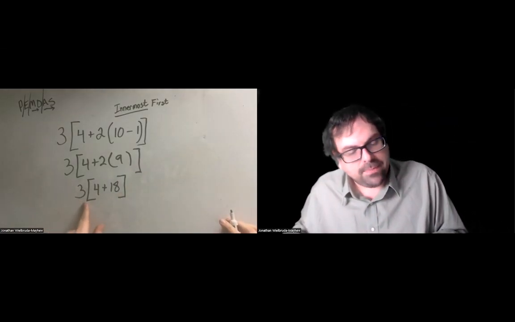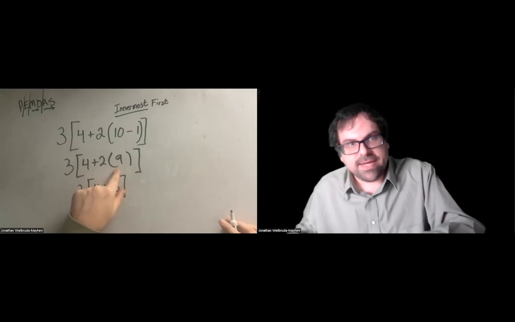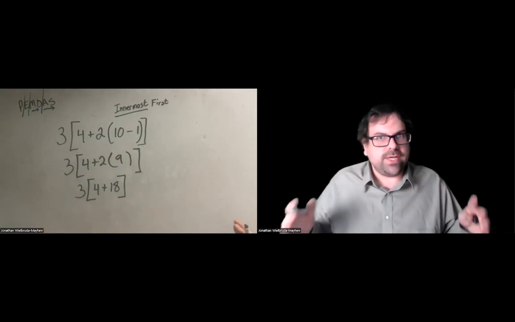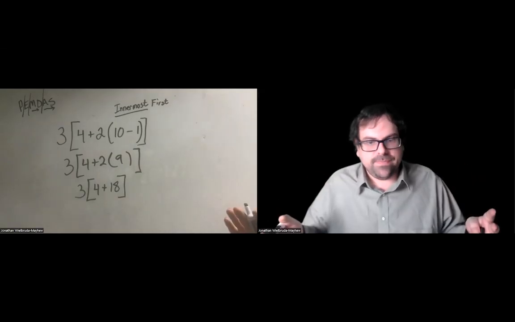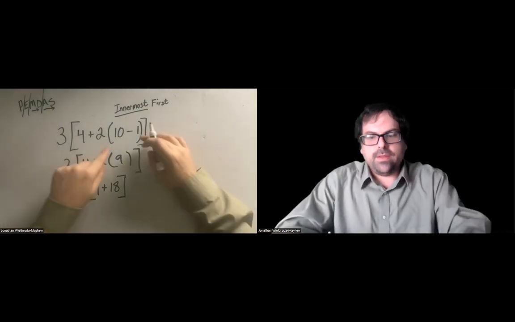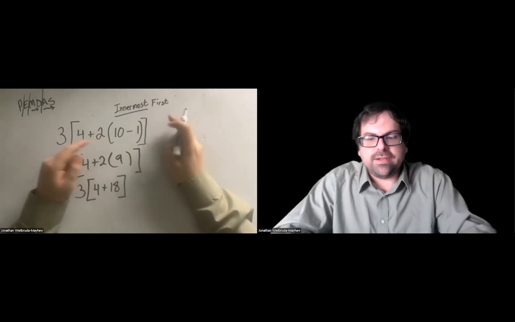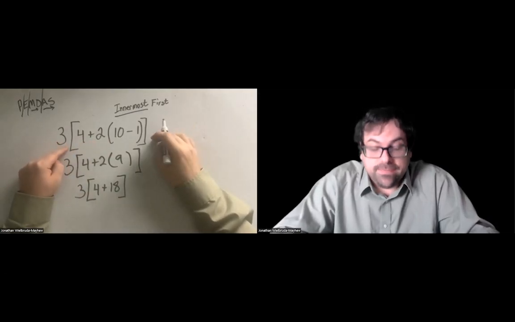We have the 3 right up against this bracket. That, just like the 2 times 9, the parentheses meant times, the bracket means times. There's no difference between square parentheses and regular parentheses. They're just different shapes, so you don't get confused as to which starting one goes with which ending.